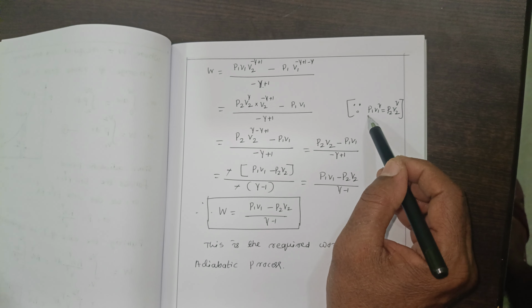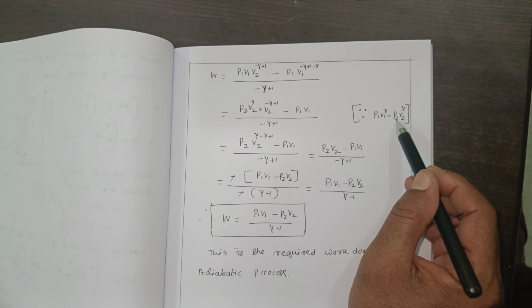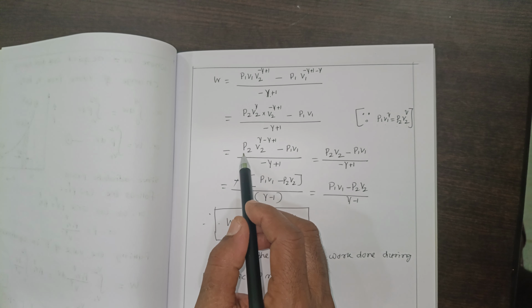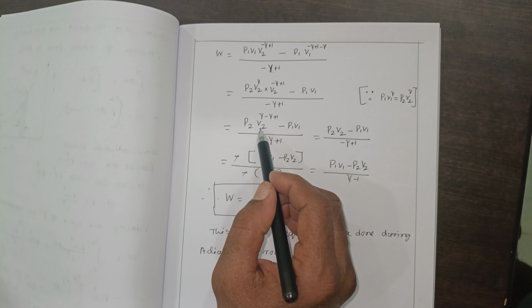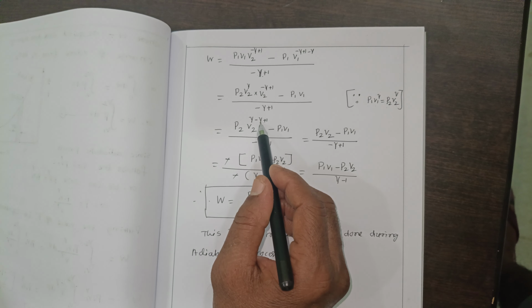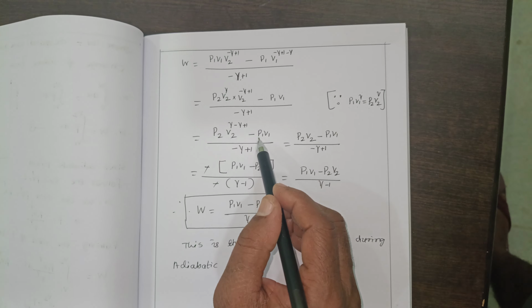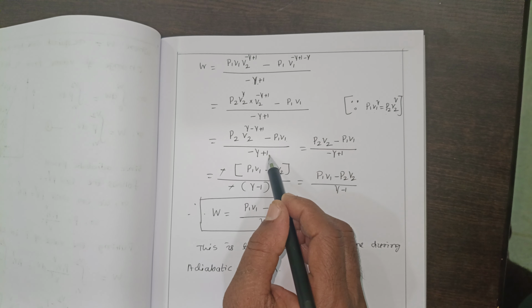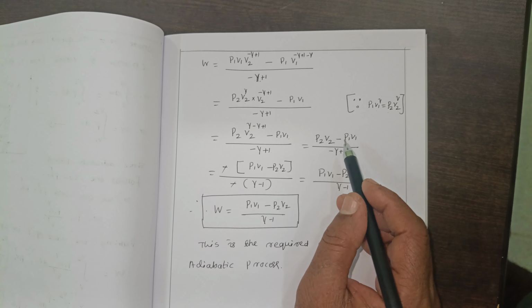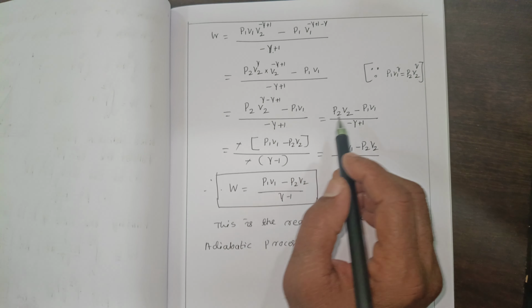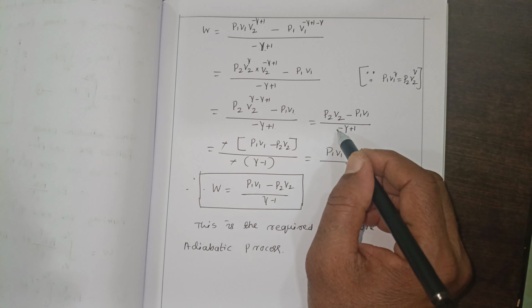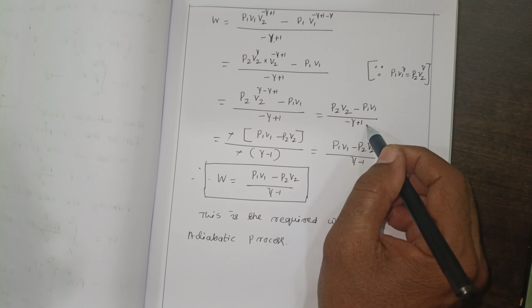Since P1 V1 to the power gamma is equal to P2 V2 to the power gamma, we get P2 V2 to the power gamma minus gamma plus 1, that is P2 V2, minus P1 V1 divided by minus gamma plus 1, or we can write P2 V2 minus P1 V1 divided by minus gamma plus 1.